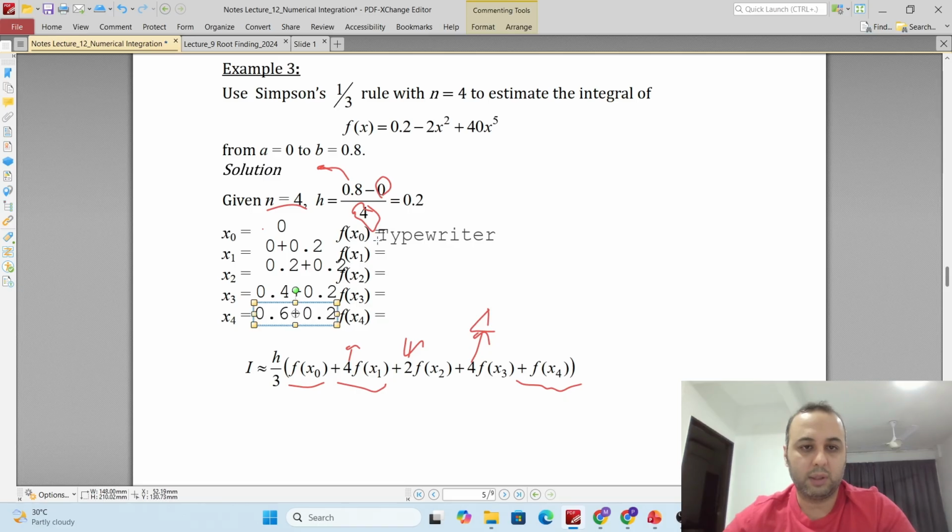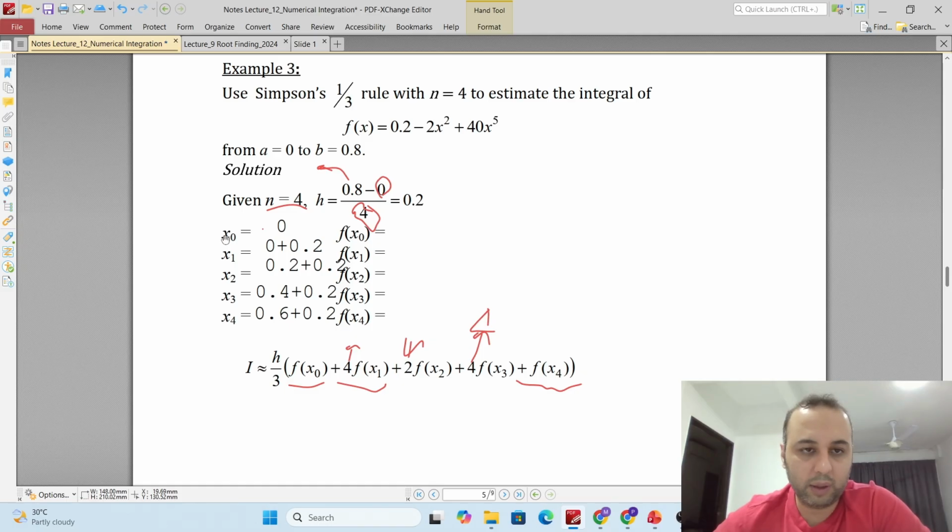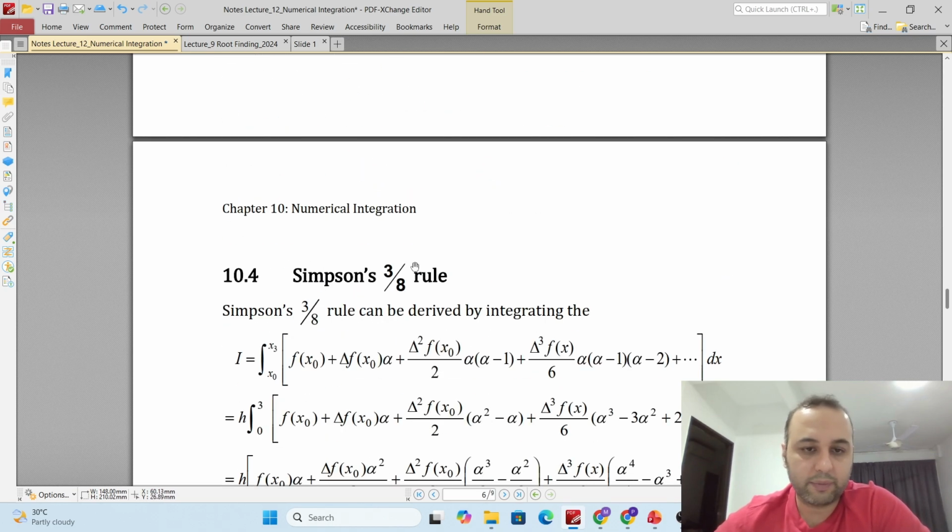So same, we substitute each point inside its function mentioned here, and then substitute in this formula. Okay.